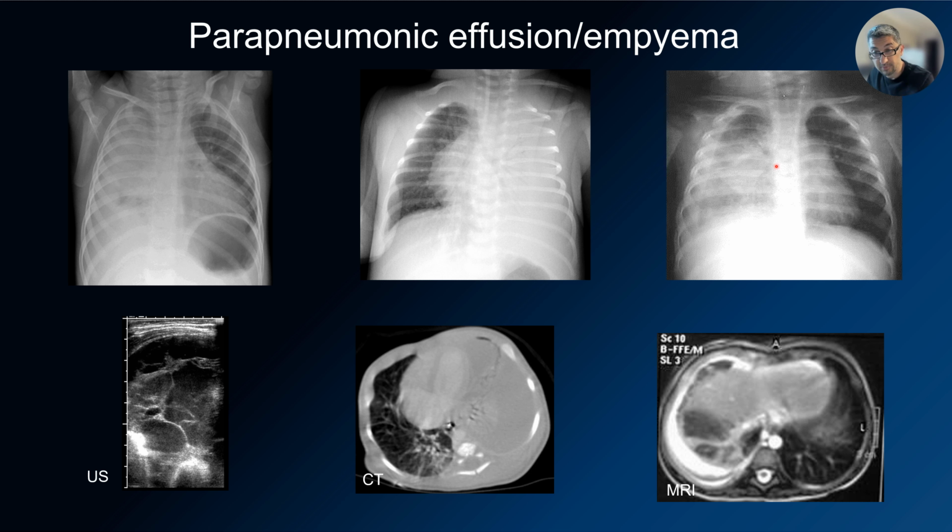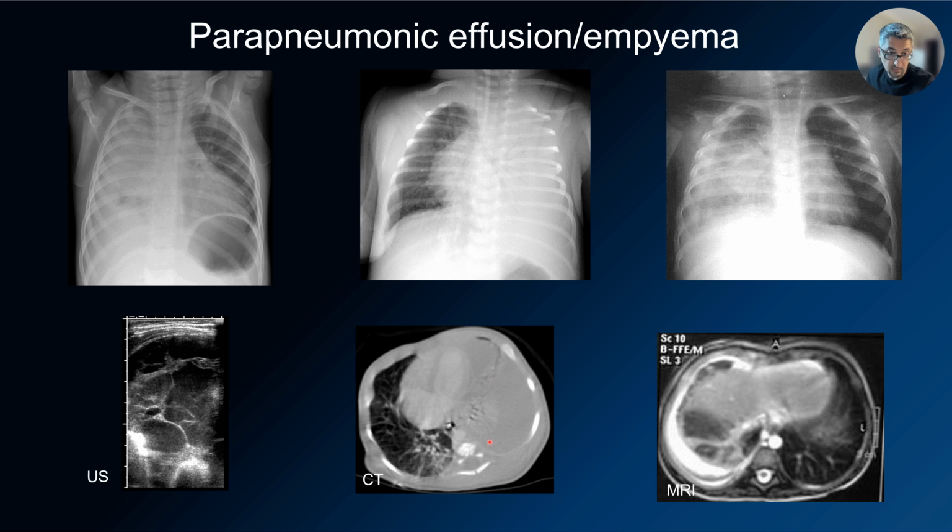It's not always possible to differentiate based on the X-ray, and even if we differentiate, we don't know if it is amenable to drainage. For this purpose, we can use ultrasound, CT, or MRI. For example, here we see a complex collection. This is most likely an empyema, but with a lot of septations, and it's very complex, so may not be amenable to drainage.